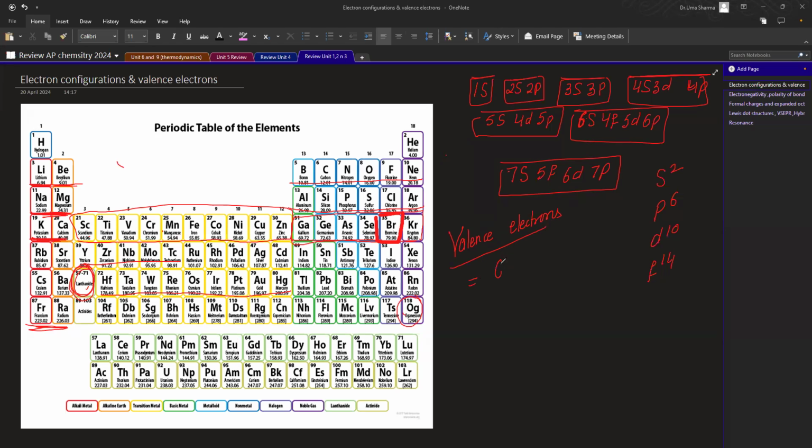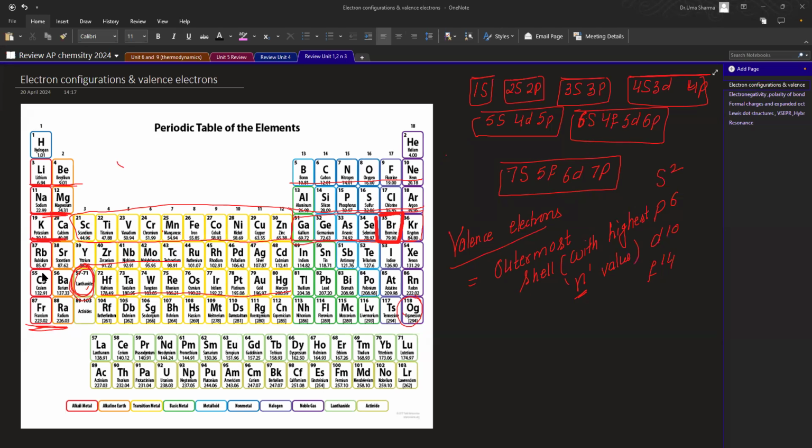So, outermost shell, or the one with the highest n value. You remember n is the shell number. So take care of this definition of valence electrons, and now we are ready to write down some electron configurations.